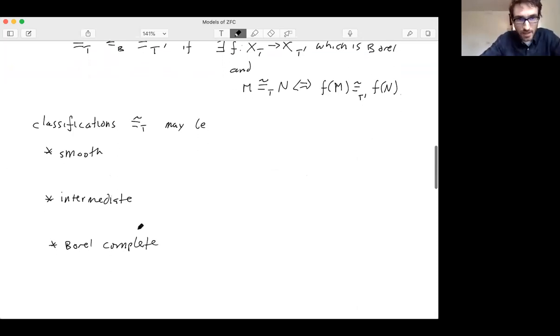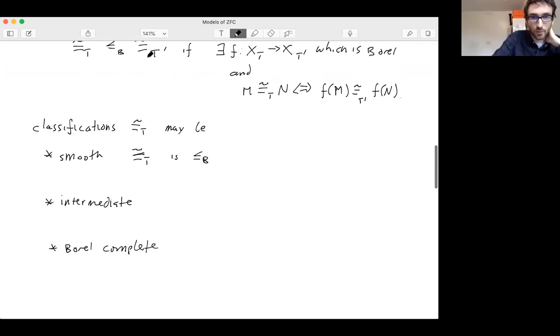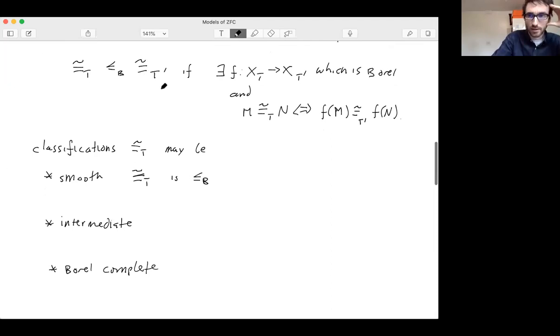So smooth you should think of as the lowest end of the complexity hierarchy. This means that isomorphism T is reducible to, if on the right-hand side, rather than isomorphism T prime, I just put the equality relation.